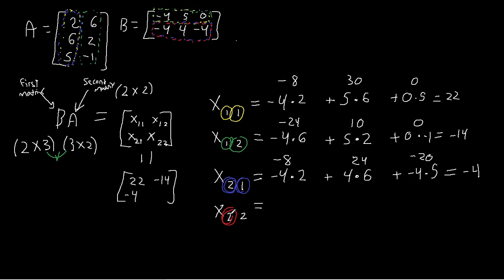The second row of the first matrix. So we can pull those values out: negative 4 times some number plus 4 times some number plus negative 4 times some number. The numbers that we're going to be putting in those gaps are going to be from the second column of the second matrix. It's going to be this right here.